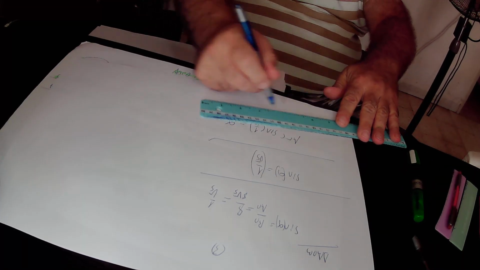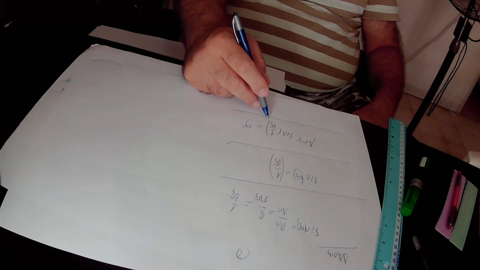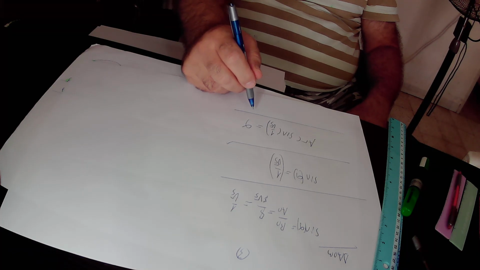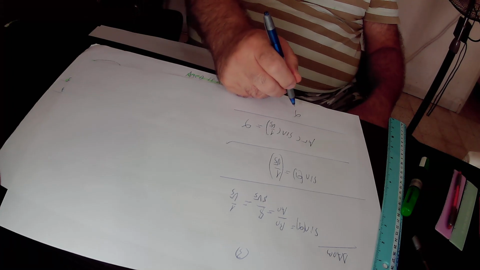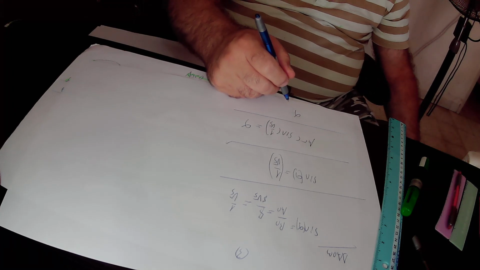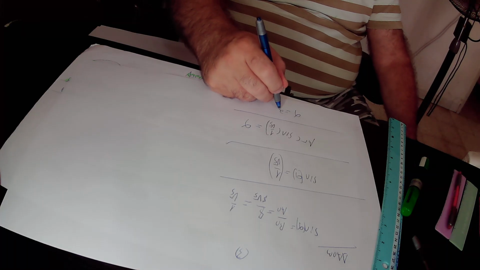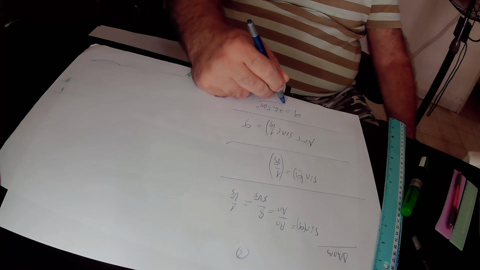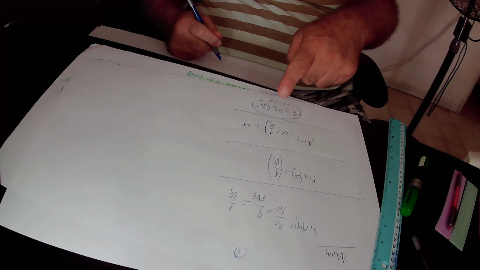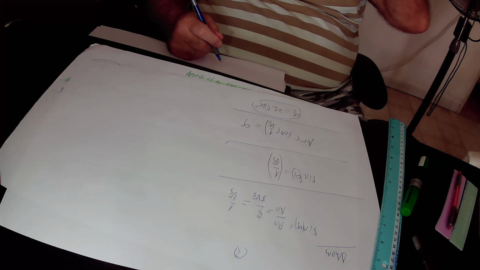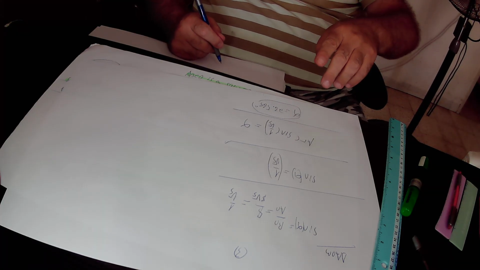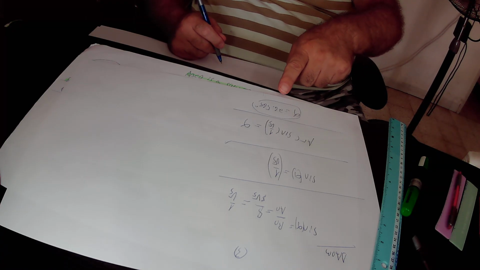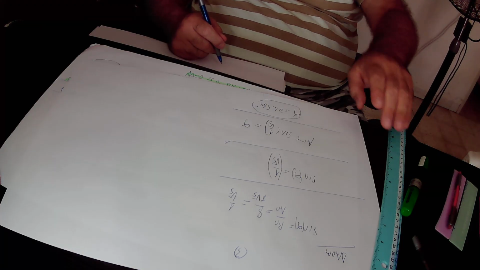And arc sine of 1 over square root of 5, you can find in any calculator. Alpha equals 26.565 degrees.